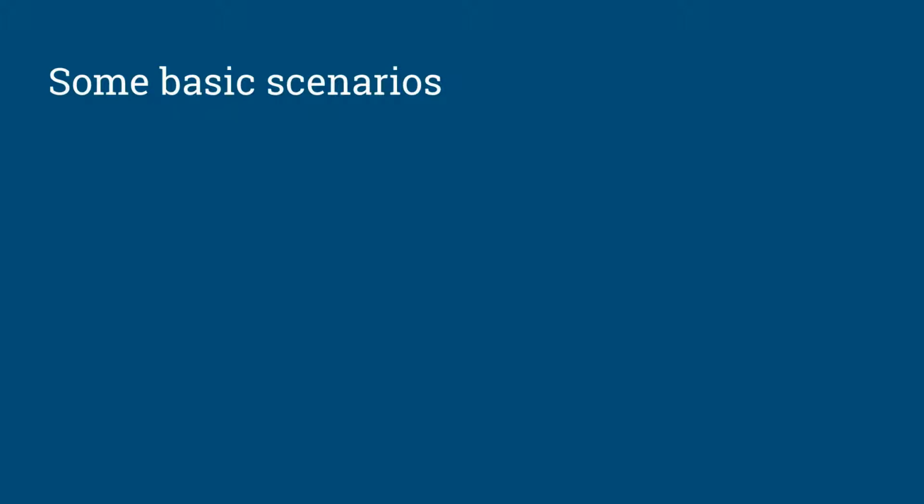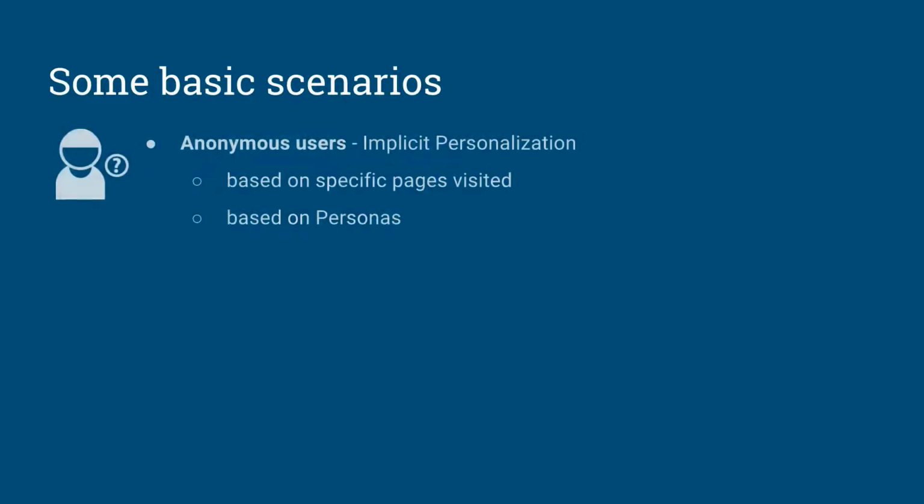So let's take in consideration some basic scenarios, and then I will give you practical examples using a website managed with Sitecore. There are basically two main types of personalization. The first type applies to anonymous users and is called implicit personalization. This kind of personalization is called implicit because we don't have information provided by the user telling us who he or she actually is.